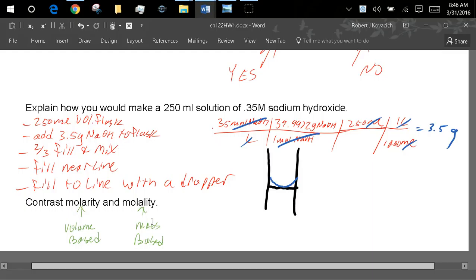So the good thing about the molality one is it's temperature independent. Temperature has no effect on it. The con for the molality one? I'm sorry, molality. Yeah, I'm pointing towards this molality one. So what's the con of the molality one?